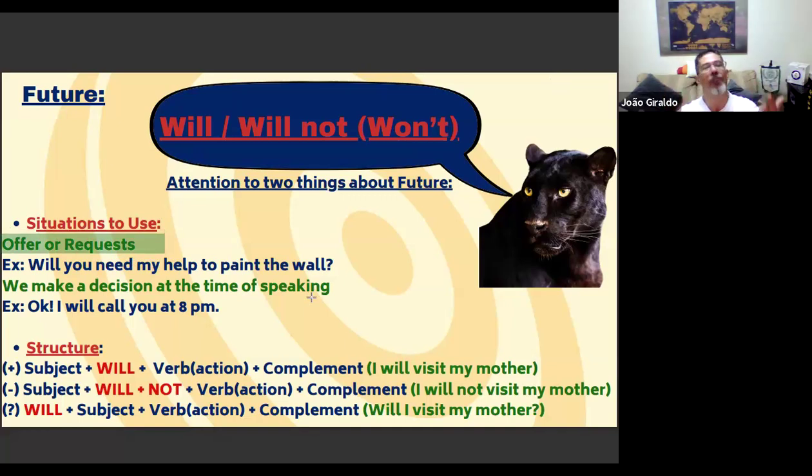So when you are offering something or you are asking something from someone or somebody. For example, will you need my help to paint the wall? So I am offering help to paint the wall of your house.